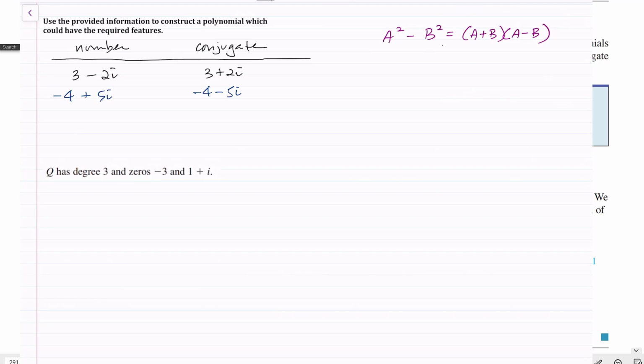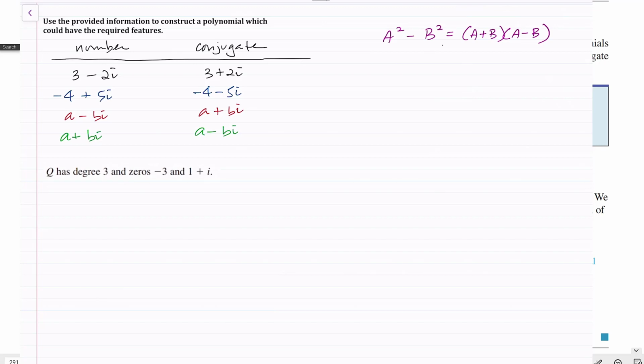So in general, if you have a complex number of the form a minus bi, the conjugate is a plus bi. And in a similar fashion, if you have a complex number of the form a plus bi, the conjugate is a minus bi. And so you have to understand conjugates if you're going to talk about polynomials that have complex roots.